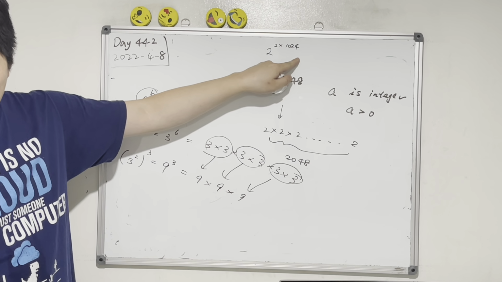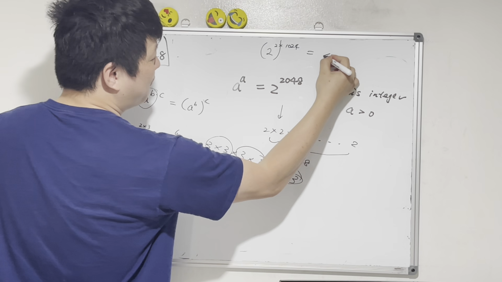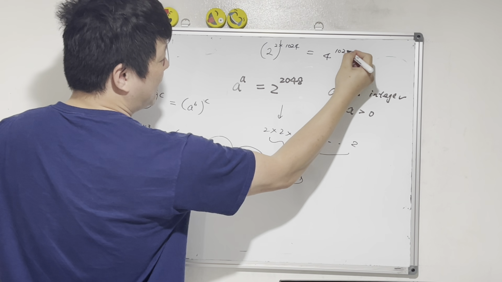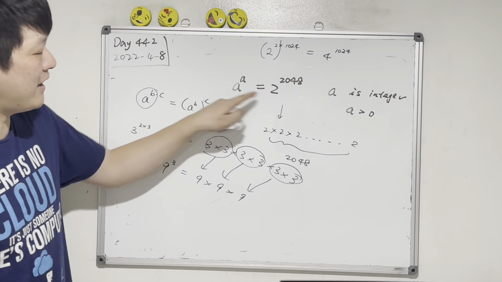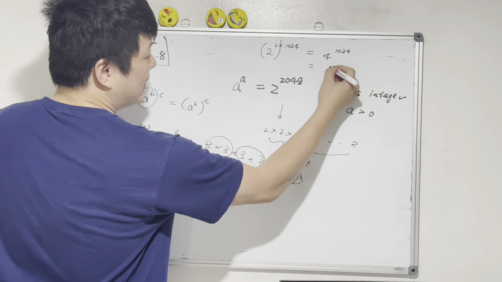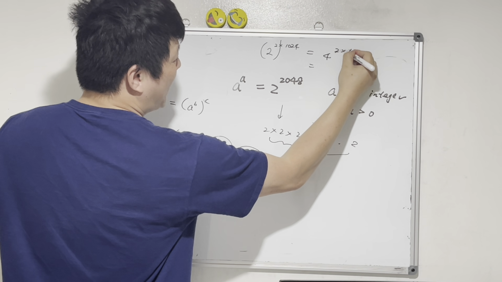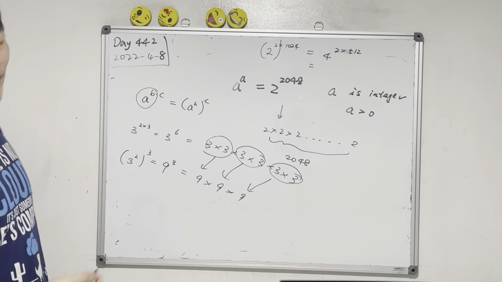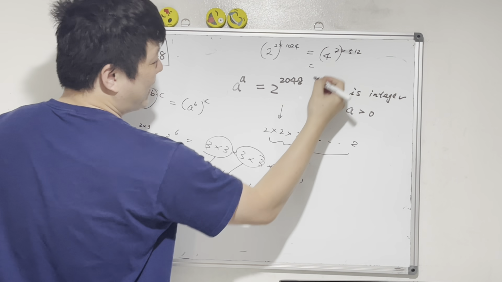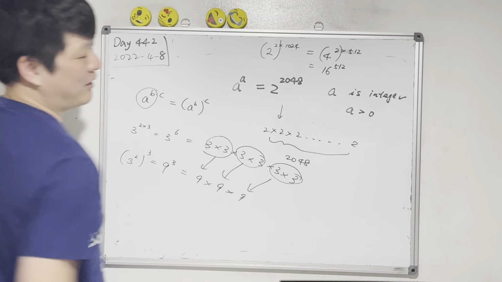If I do this together, that equals 4 to the power of 1024. So this thing is equal to this thing. Keep going. 1024 equals 2 times 512. If I do this together, that will be 16 to the power of 512.